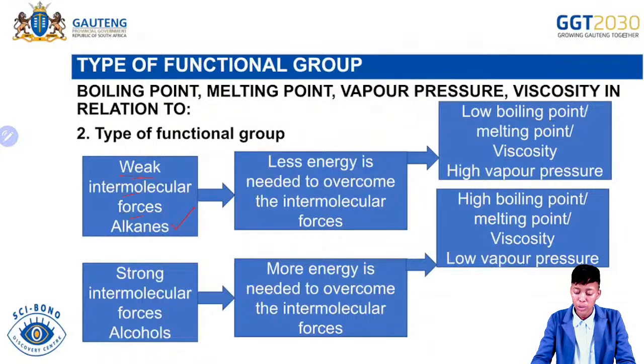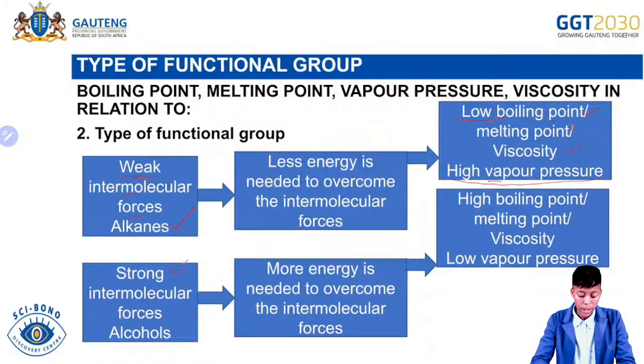So again, remember, you just need to keep the relationship in mind: as the boiling point increases, the melting point will also increase, and the viscosity will also increase. But if the three are going to decrease, it means that the vapor pressure will do what? The vapor pressure will increase.